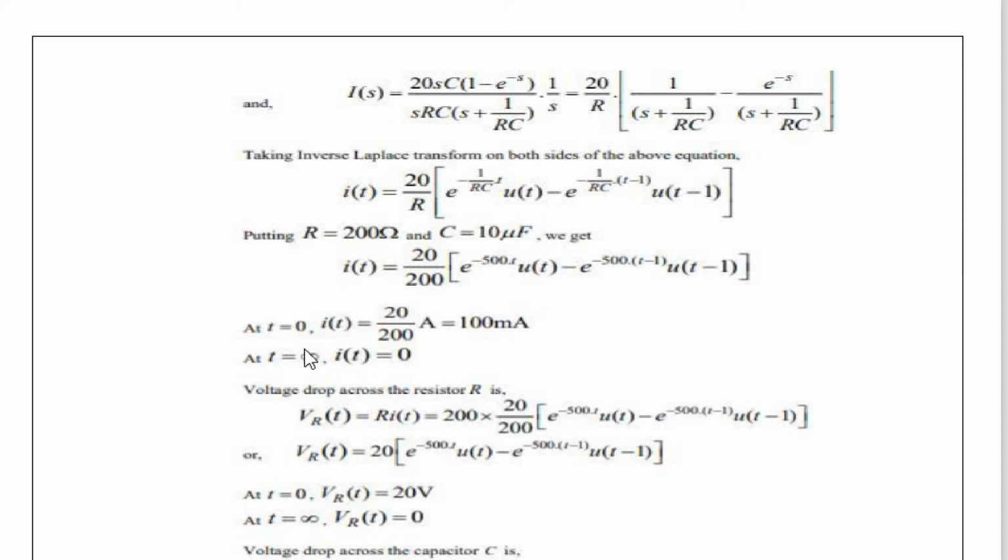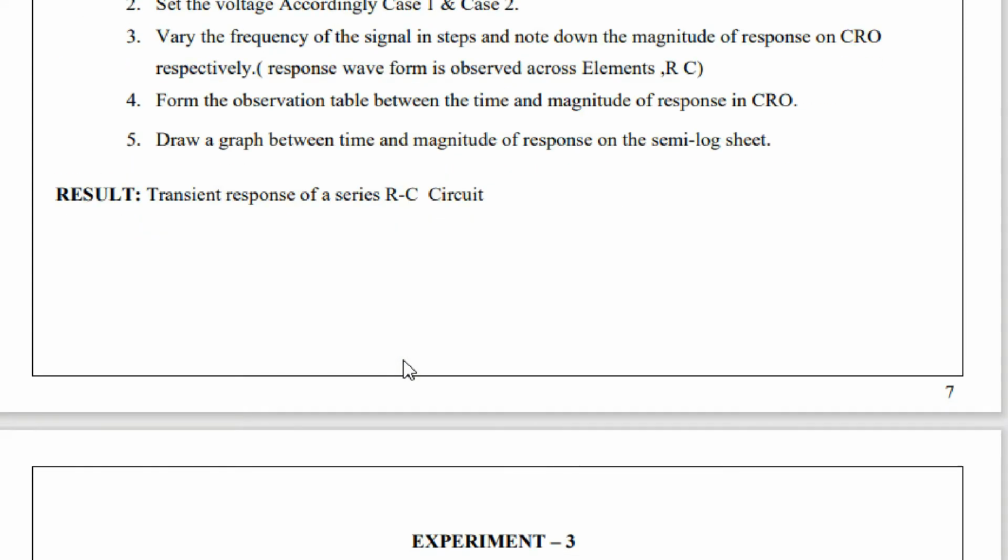So I of t at t equal to 0 is 100 milliamps, and at t equal to infinity, I of t equal to 0. Similarly, the voltage drop across R, VR of t, is 200 into 20 by 200 and some equation.